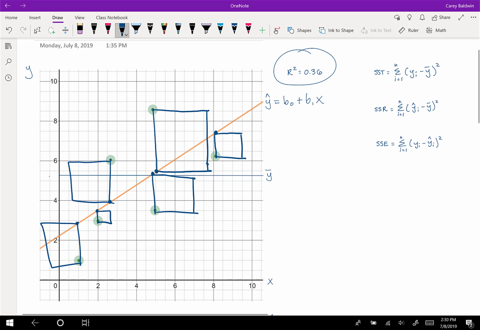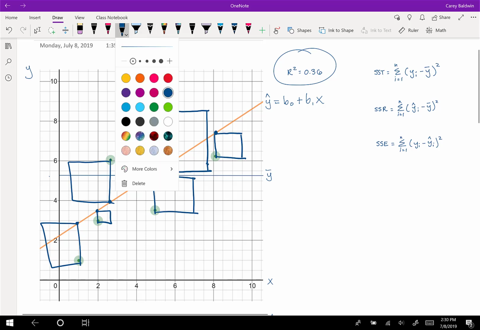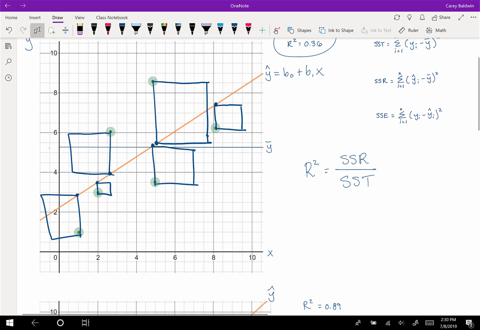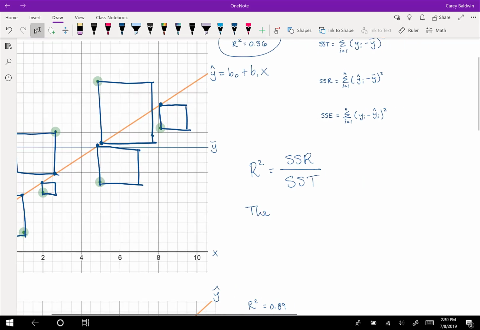And the R-squared value is actually a ratio of the regression sum of squares over the total sum of squares. So that's how we get our R-squared value, and it's interpreted as the percent of variation explained by the model.